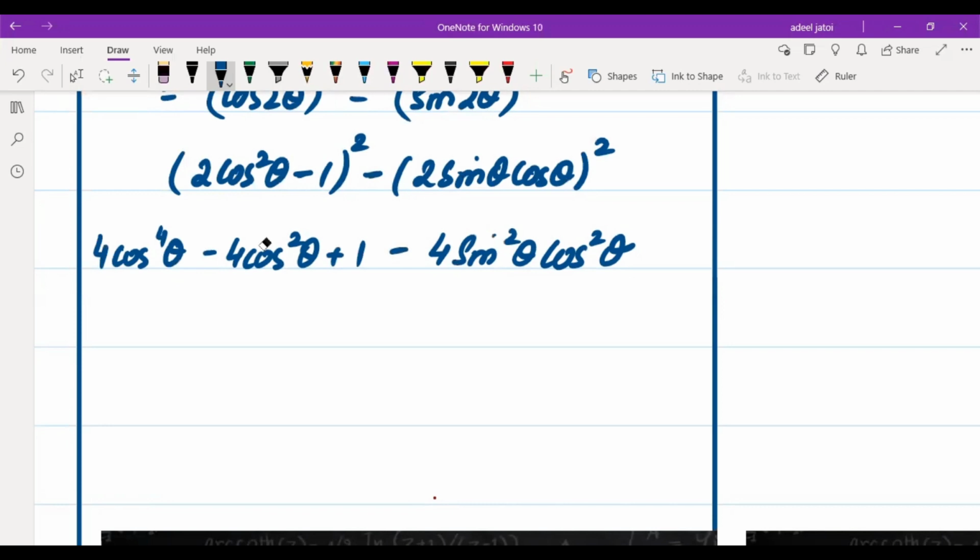So what we can do is 4 cos to the power 4 theta minus 4 cos square theta plus 1.